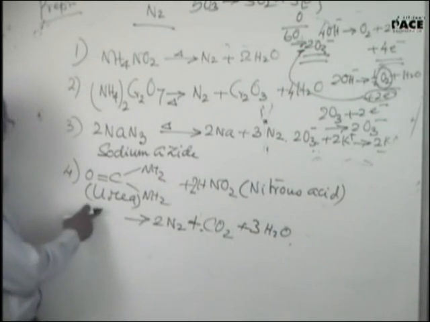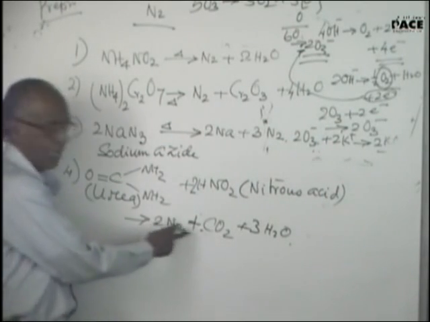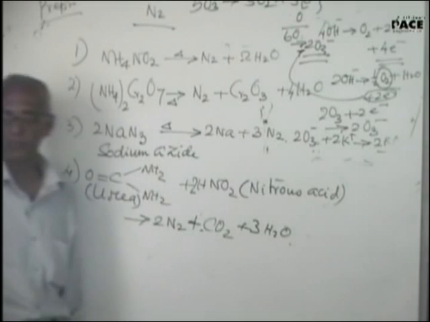When you boil urea with nitrous acid, it gives you nitrogen, carbon dioxide and water.